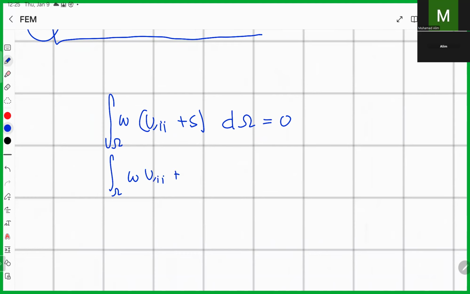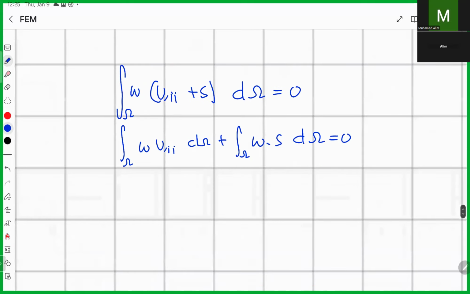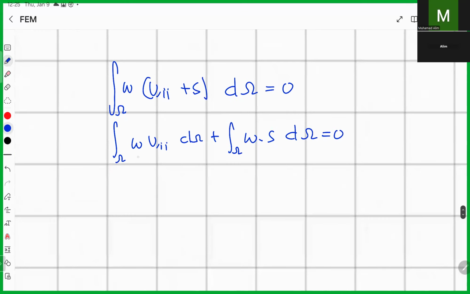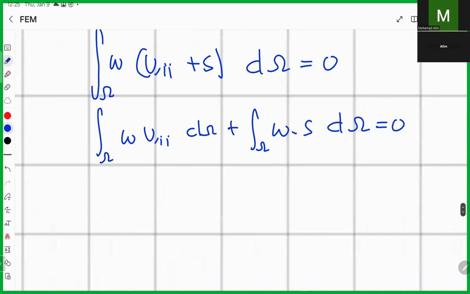plus w s here. Sorry, I forgot the detail. Plus w s equals 0 here. So what we want to do is to apply integration by parts for this.